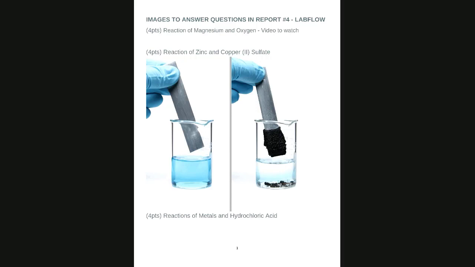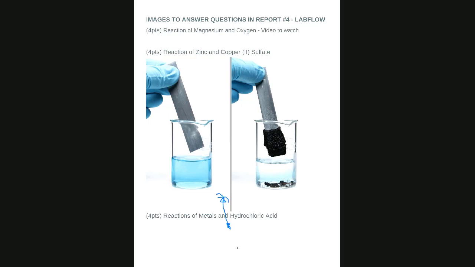It's a blue solution. Exactly, a blue solution, which is the solution of copper sulfate. And what else do you see? A gray metal here, and this metal is the zinc.